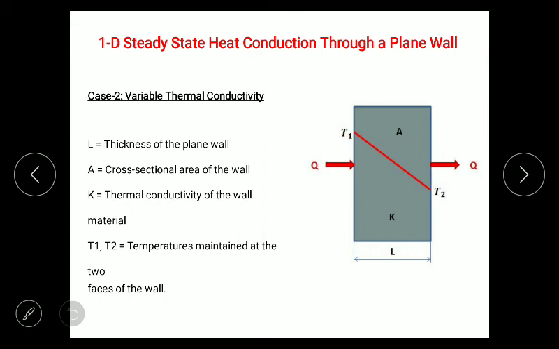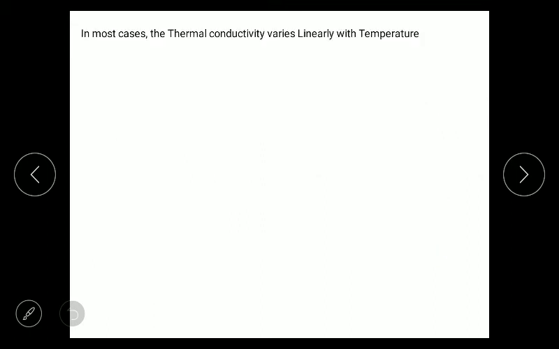Now, as it is variable thermal conductivity, the thermal conductivity of a body in most of the cases varies linearly. The linearity can be written with the equation as k is equal to k naught into 1 plus beta t, a linear equation. Right? With respect to temperature, the thermal conductivity value varies.